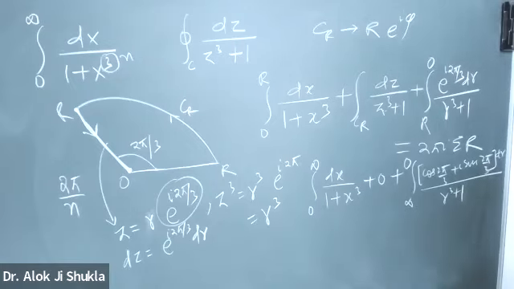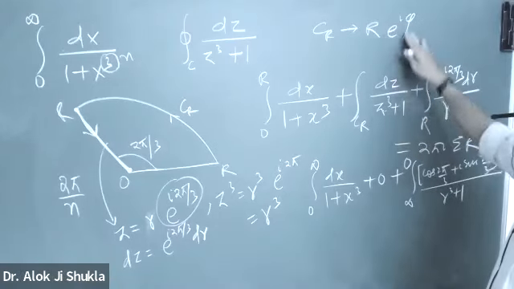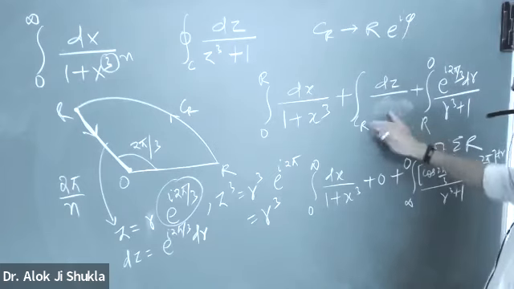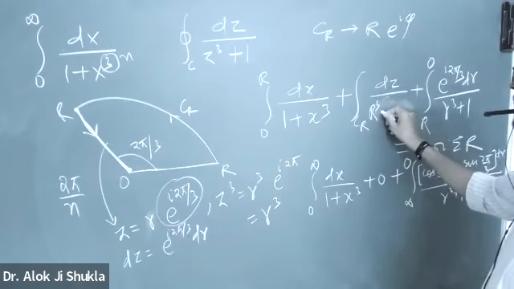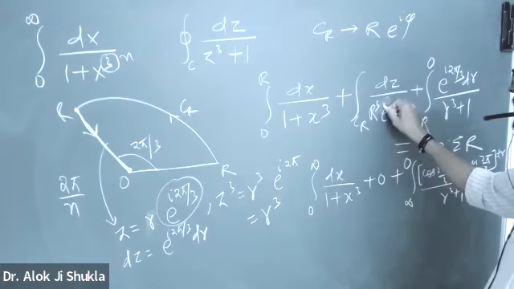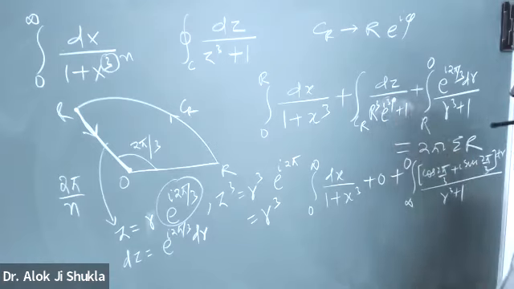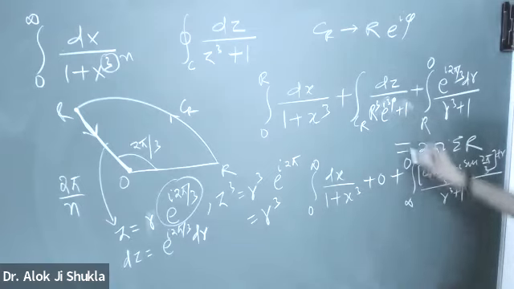Okay. Sir, how did dz by z cube plus 1 become zero? What do you mean, how? Just put the value of z here, r e to the power i 5. So what will happen? It will become r cube e to the power i 3 5 plus 1. And now r is infinity, so this will become 0.